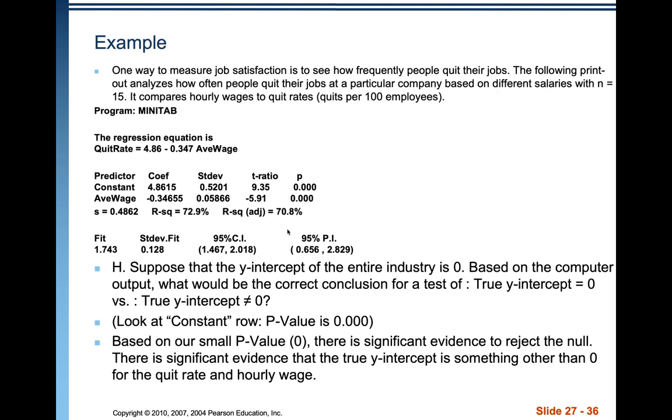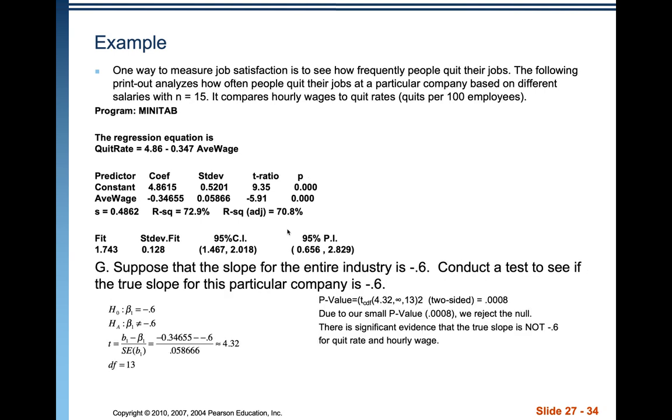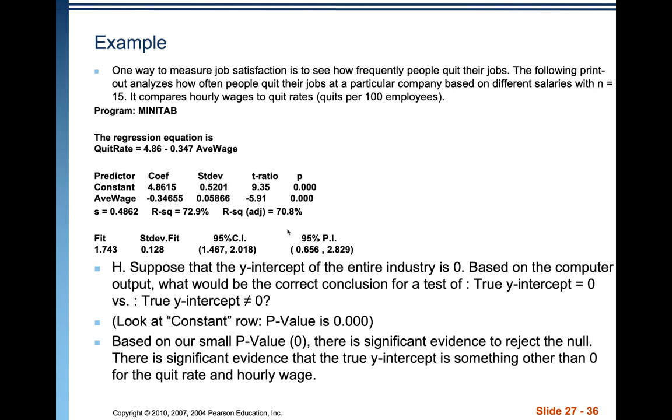Okay, so looking at G and H, one thing I want to point out is as long as your null hypothesis is that the appropriate parameter is equal to 0, so with the y-intercept, as long as our null is that the true y-intercept is equal to 0, the p-value provided is one we can use.